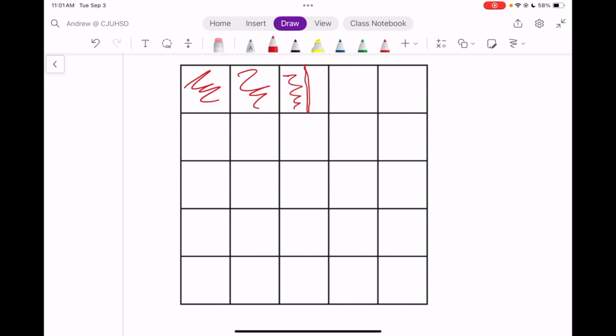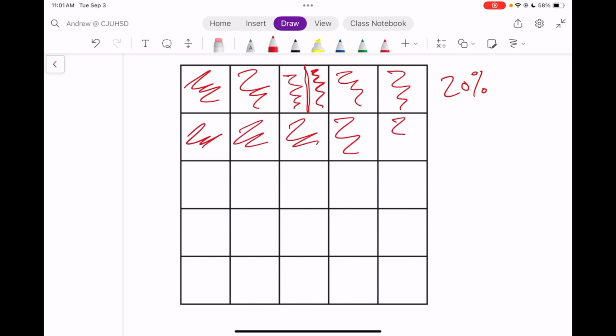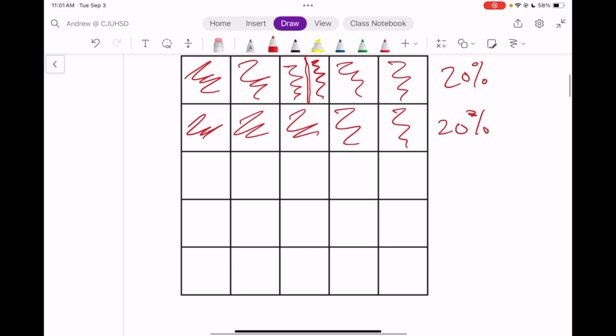So if I did it again, that would be double 10%. That would be 20% off. And then if I did it again, took off that whole next row, that would be another 20% off. That means I've taken off a total of 40%.